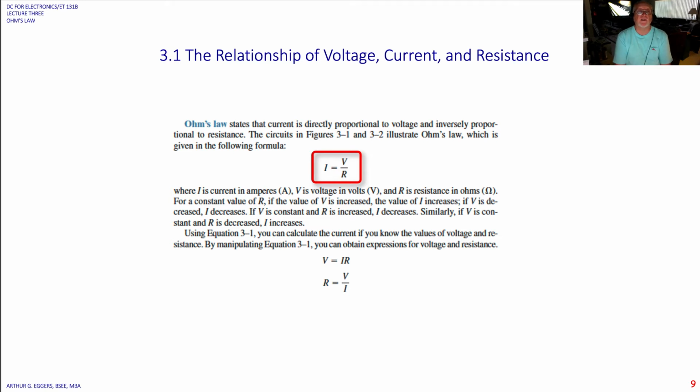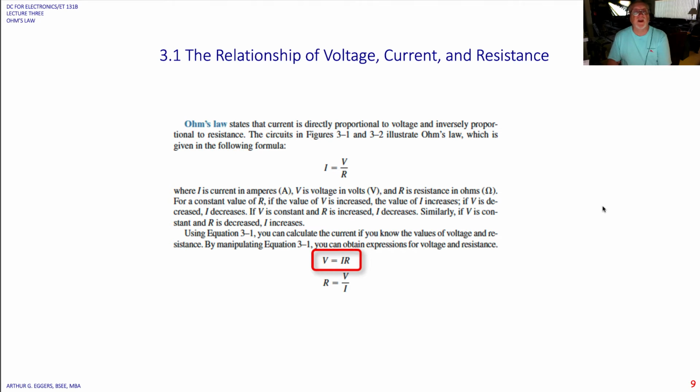Here, current, I, is in amperes, the voltage is in volts, and the resistance is in ohms. And you notice they use both forms here. You can spell out ohms, or you can use the Greek symbol for ohms. You need to get used to using that Greek symbol whenever you identify values of ohms, to always tag ohms onto the value.